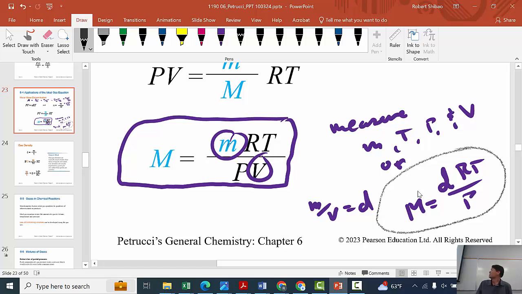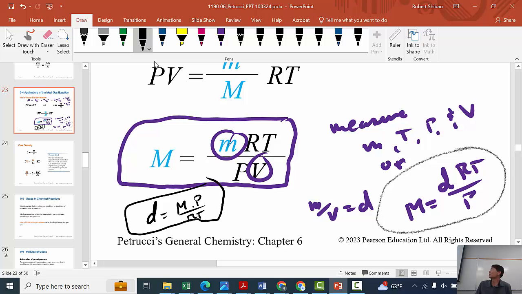We can also rearrange this equation to solve for the density: the density is equal to the molar mass times P divided by RT. This is another equation that is in Chem 4. So we could calculate the density if we know the molar mass at any temperature and pressure. This is very useful.